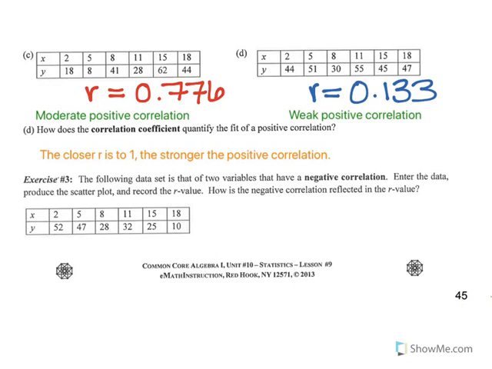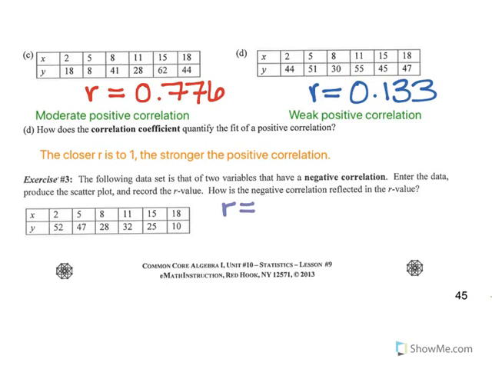Exercise 3 says the following data set is that of 2 variables that have a negative correlation. Enter the data, produce the scatter plot, and record the R value. And then, how is the negative correlation reflected in the R value?